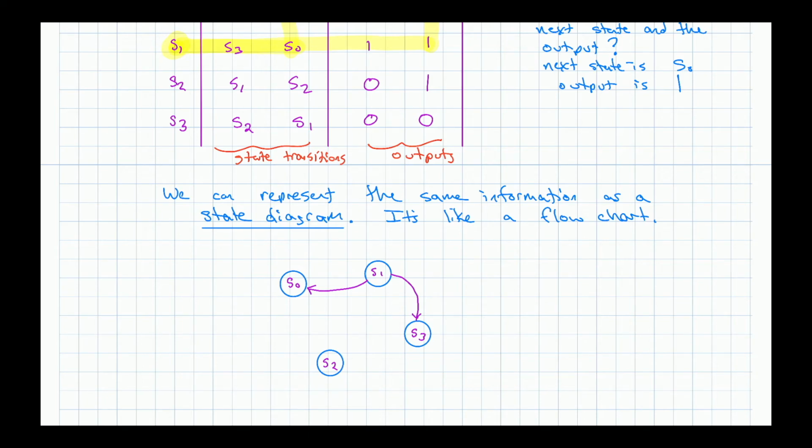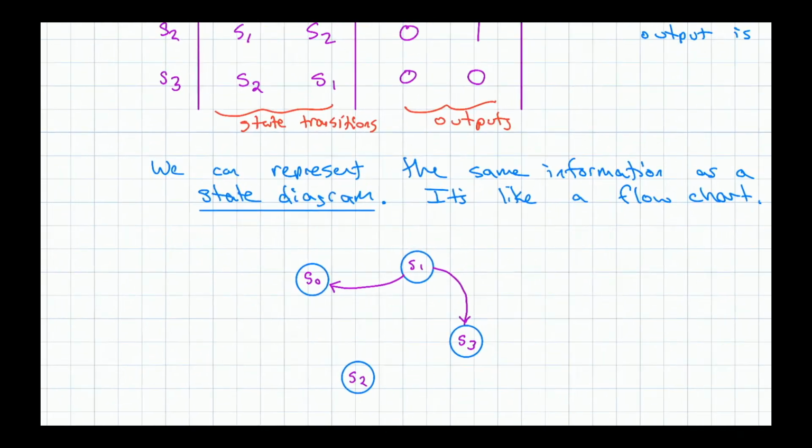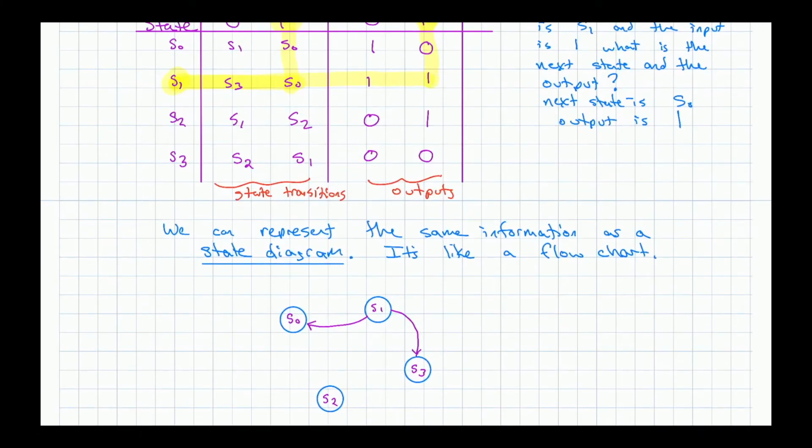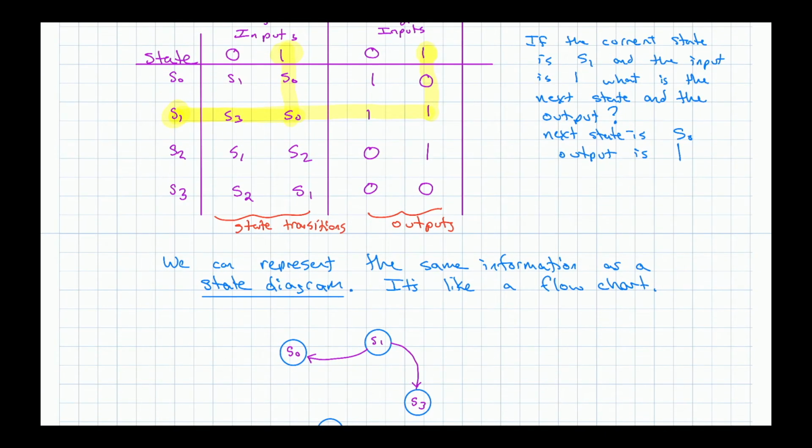For example, from S1 to S3, what input takes you from S1 to S3? The input is 0, right? So you label it with a 0, because input 0 takes you from S1 to S3.